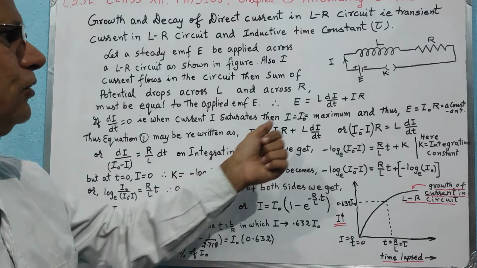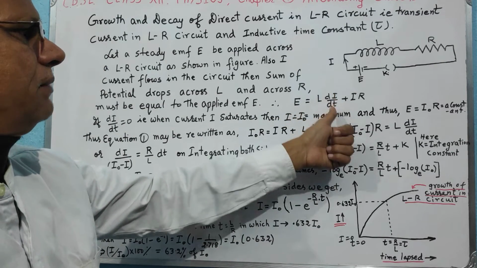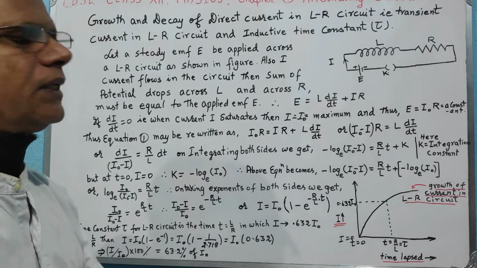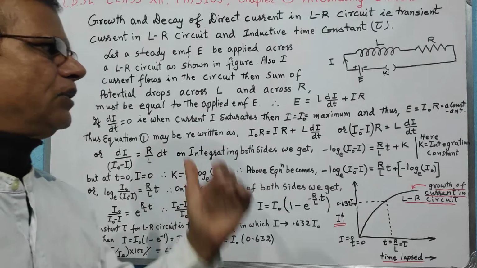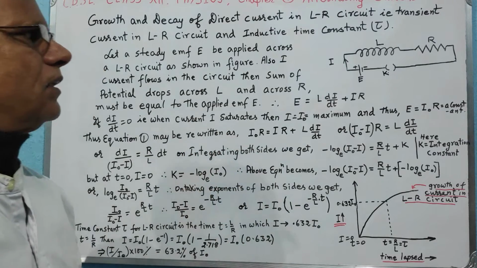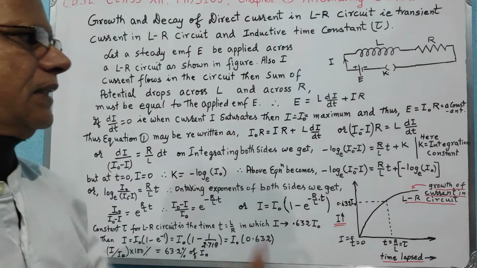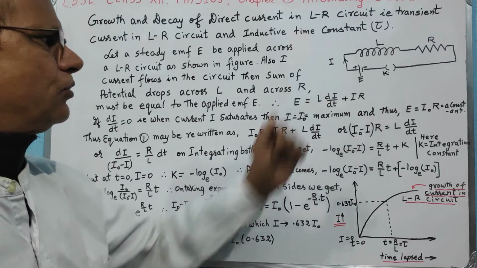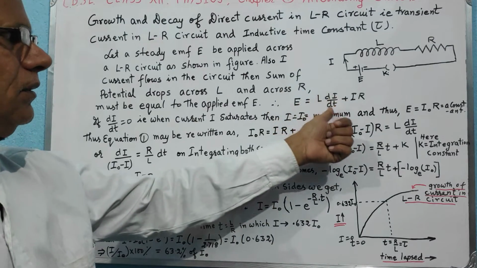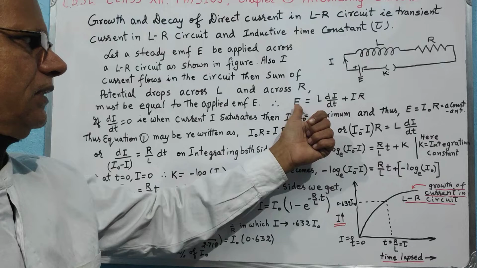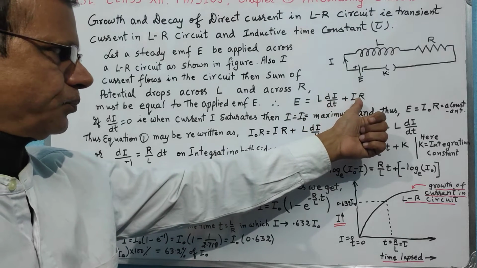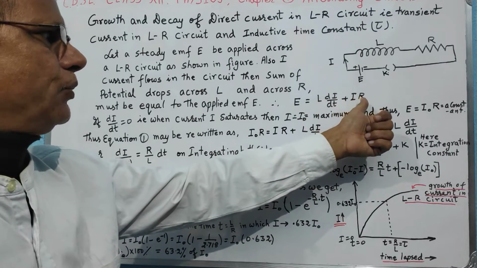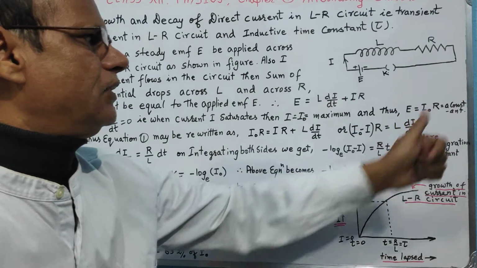For that case the current is maximum, which we take as I0, the saturation current in the LR circuit. So if di by dt is 0, this term vanishes, and the EMF must be equal to the saturation current I0 into R. So we can write E equals I0 R.